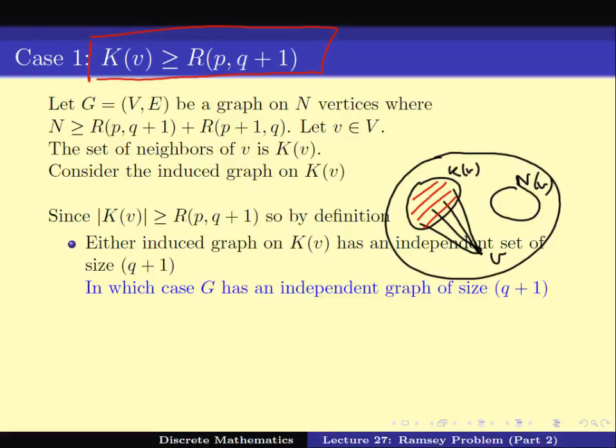In that case, that independent set is also an independent set in G. If no two vertices here have an edge between them, then in the whole graph G I still don't have any edge between them, and hence the same set of vertices is an independent set of size q plus 1 in G.